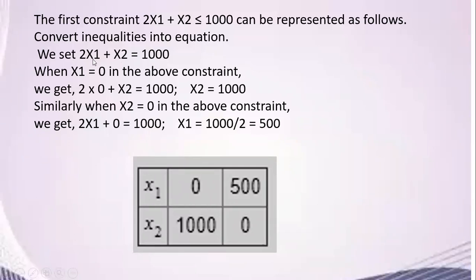If I put x1 equal to 0 in this equation, 2 into 0 is 0 plus x2 will be equal to 1000, so the value of x2 is 1000. Similarly, when I substitute x2 as 0, I get the value of x1 equal to 500. So the coordinates are (0, 1000) and (500, 0).